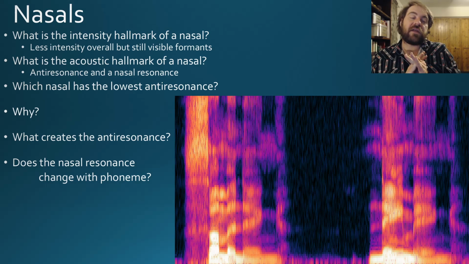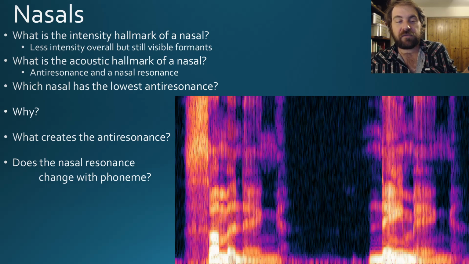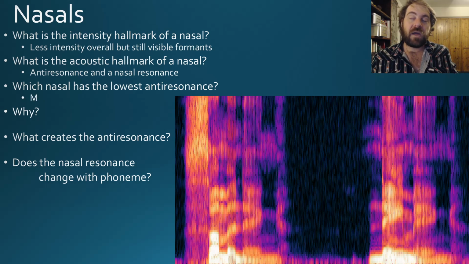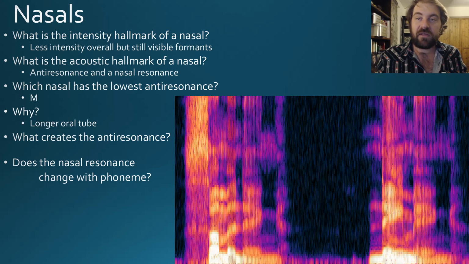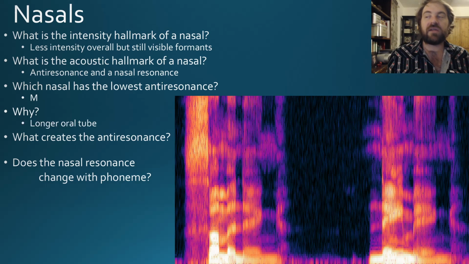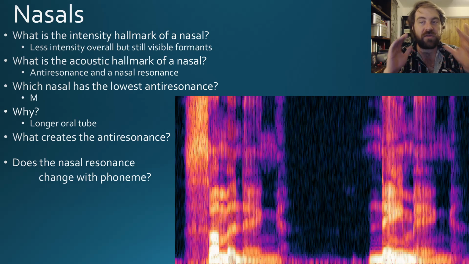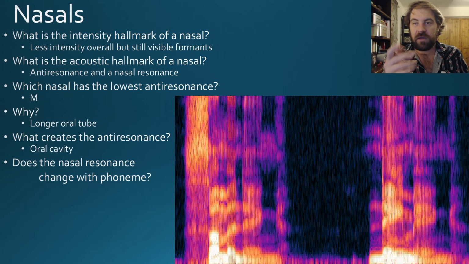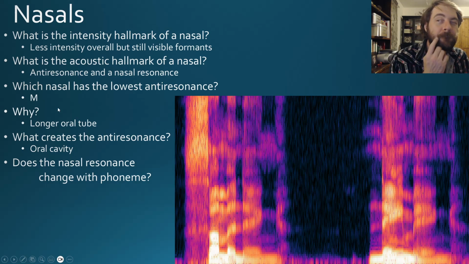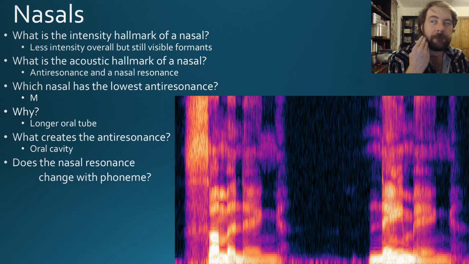Which nasal has the overall lowest anti-resonance? M. That's because anti-resonance is related to the size of the closed-off tube. That's my answer to my next question here. The oral cavity, so mouth, is closed.